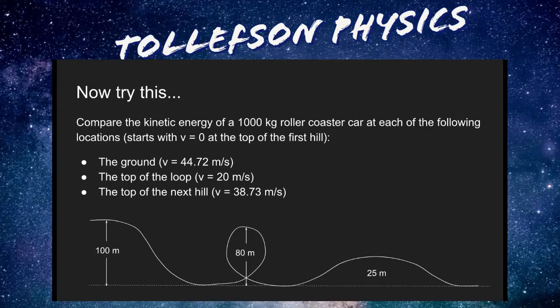The speed when it gets to the ground level is going to be 44.72 meters per second. At the top of the next loop, it's going 20 meters per second. And at the top of the next hill, it's going 38.73 meters per second. Calculate the kinetic energy at each of those locations. Hit pause to give yourself time, and unpause when you're ready to see the solutions.